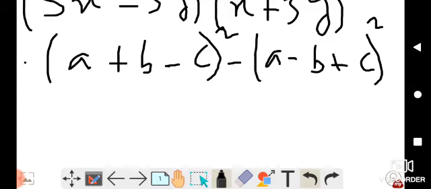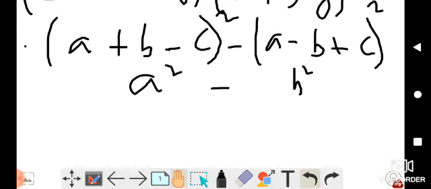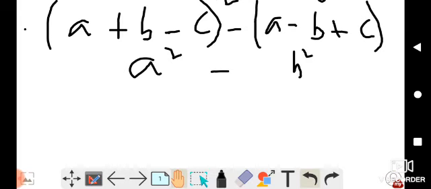Okay. Now see again, if your concept is clear, this is a condition of a square minus b square. So in this question, how many brackets should there be? Two brackets. One is positive, one is negative. How? Beta see now. In this bracket a, b, c, and in this bracket also a, b, c.